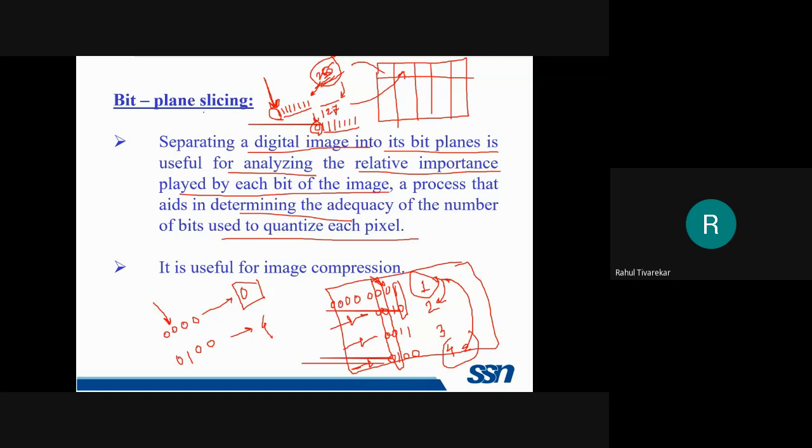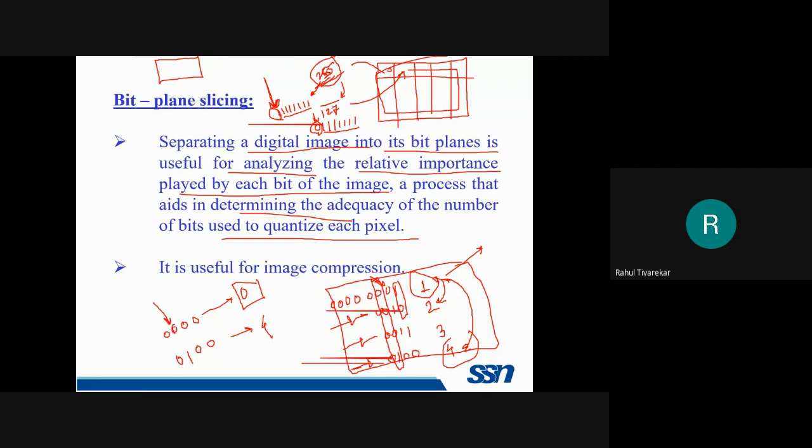So bit plane slicing is basically you collect all the MSB bits from all the pixels, and you make one image out of that. Like how I did here, you collect all the bit 2 positions for 0 and 4.